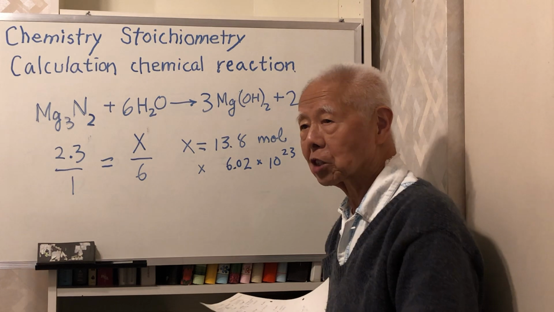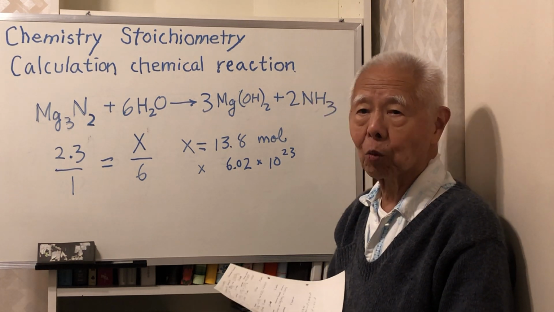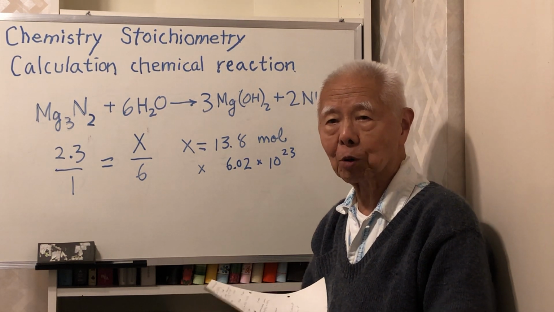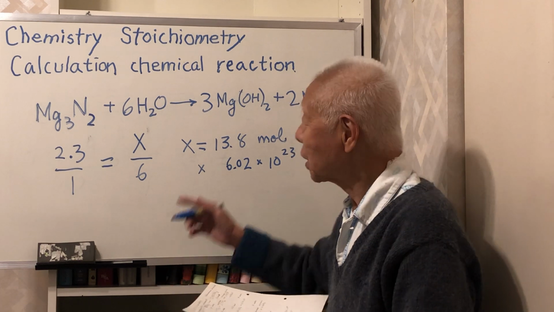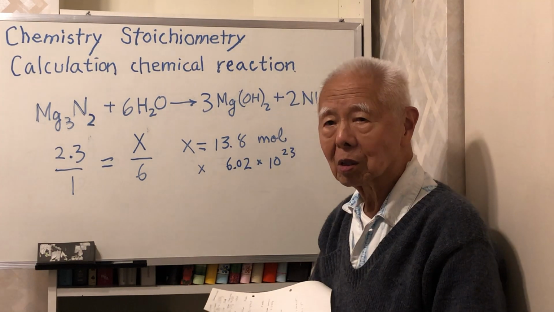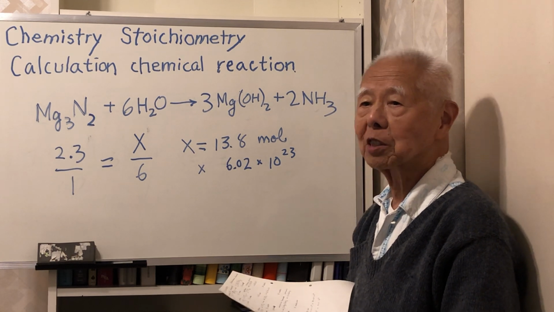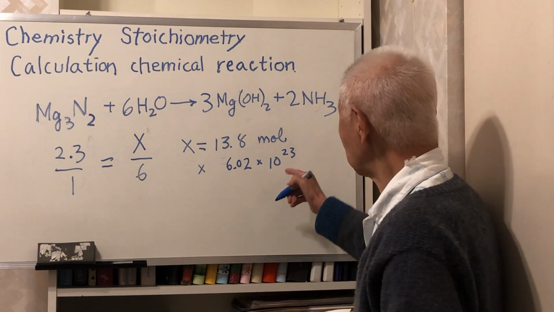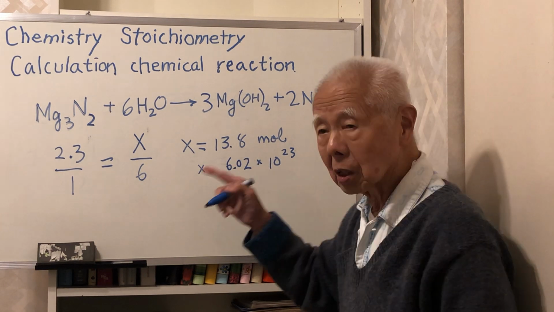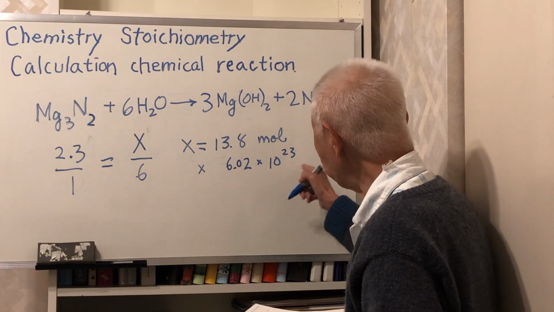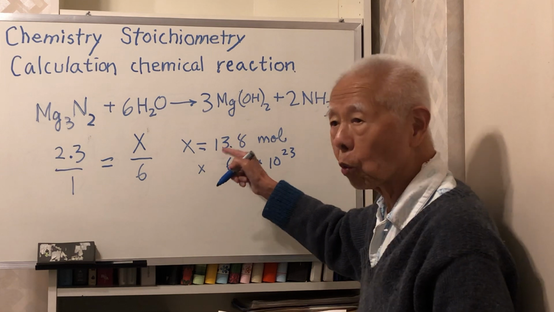Oh, I said something wrong. I said 1 mole contains 6.02 molecules. That's not true. 1 mole contains 6.02 times 10 to the 23rd power. This many molecules is in 1 mole.